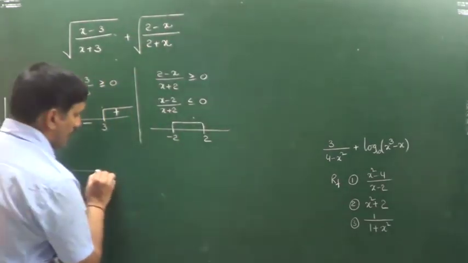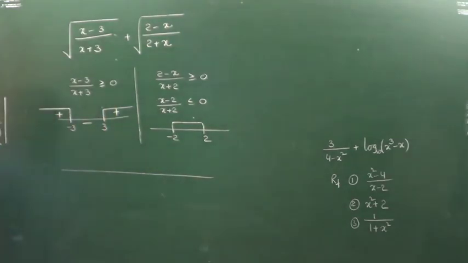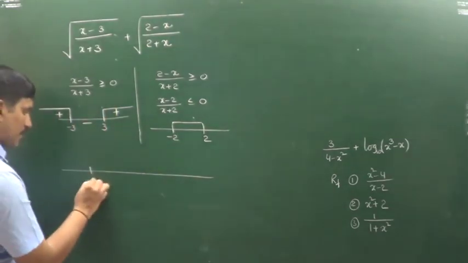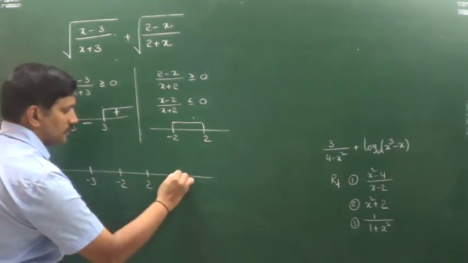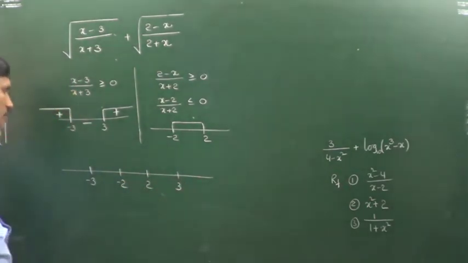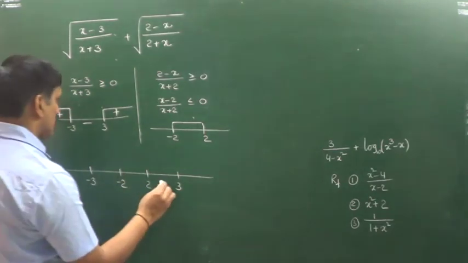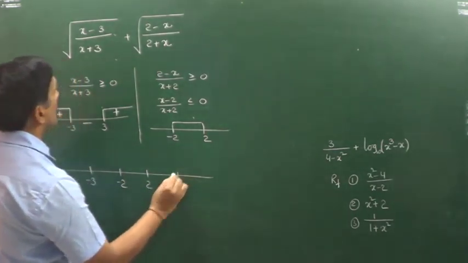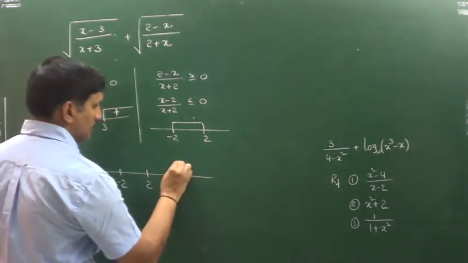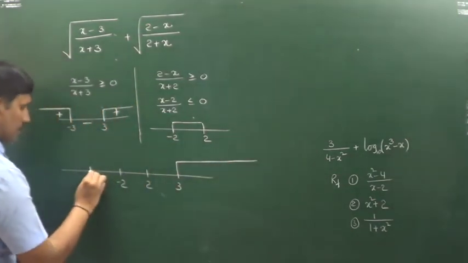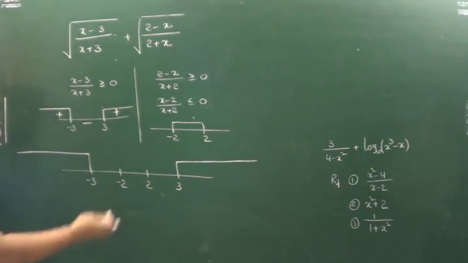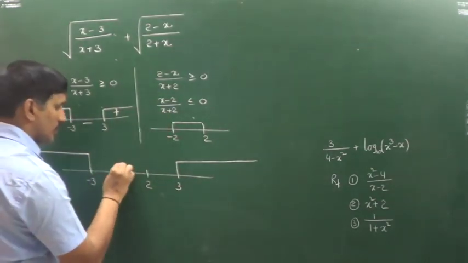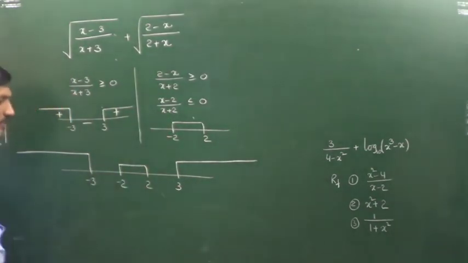Observe here what I am doing. Here we have minus 3, minus 2, 2, 3. Here we got the information, whereas here we got the closed interval between minus 2 comma 2.